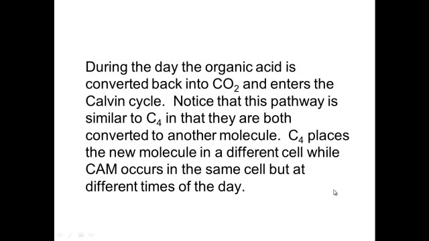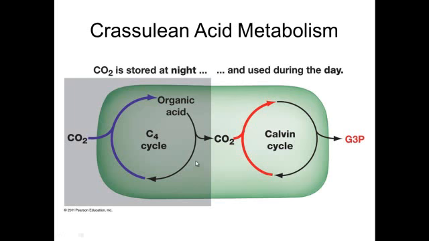So it's very similar to C4 in that they fix carbon dioxide, where C4 does it in a different type of cell, bundle sheaths and mesophyll cells, as opposed to the CAM plant where it occurs in the same cell, but at different times of the day. One's at night, one's during the daytime. Okay, so carbon dioxide comes in, turns into that acid, during the daytime turns back to carbon dioxide, and then goes through the Calvin cycle making G3P.